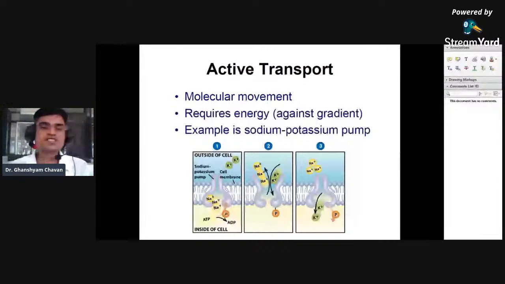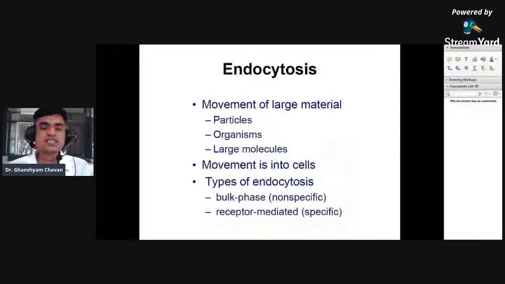Now endocytosis. What is endocytosis? It is nothing but the process of getting extra material from outside the cell to inside the cell. So that process is called endocytosis, the incorporation of foreign material from outside to the inside.